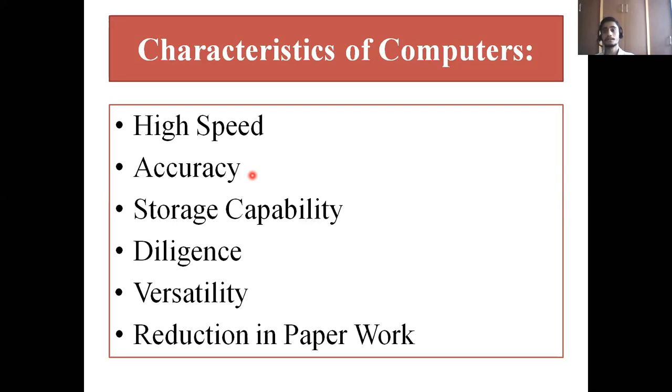Mark my point: they perform all jobs in an error-free manner. Okay, and the next thing is storage capability. They can store any type of data, and lots of it. They have a very big storage capability, and they can store everything, I guess.